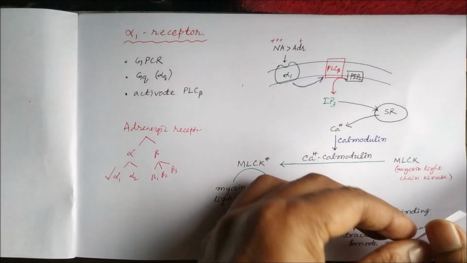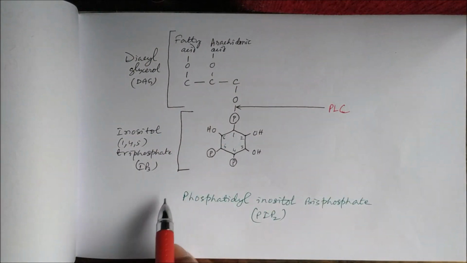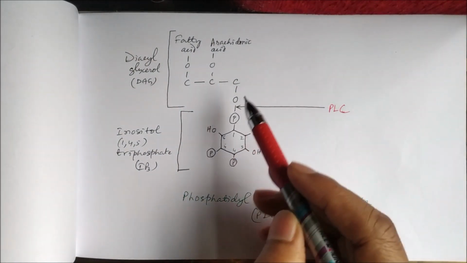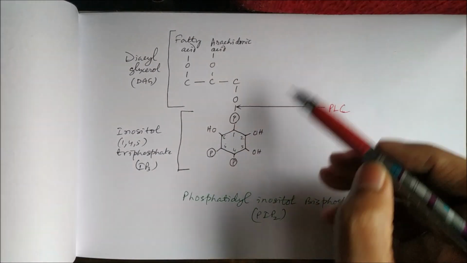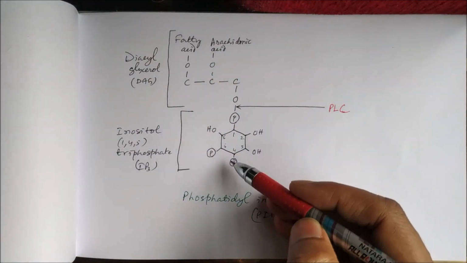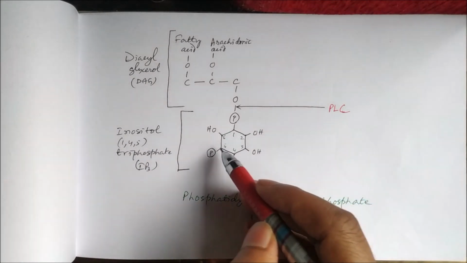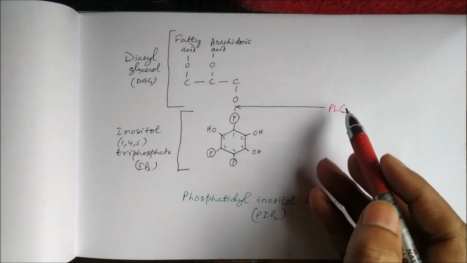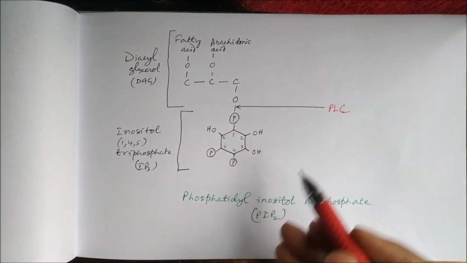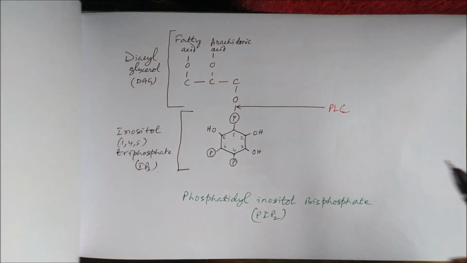So we can see the structure of phosphatidyl inositol diphosphate, where the fatty acid, arachidonic acid and IP3 structures are there. This is inositol 1,4,5 triphosphate. When phospholipase C acts here, PIP2 is degraded to IP3 and DAG.